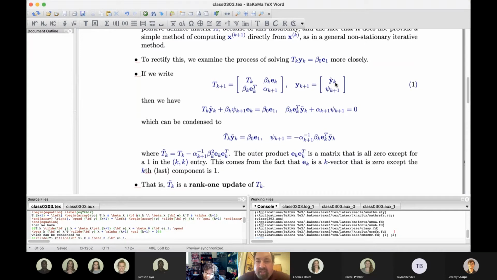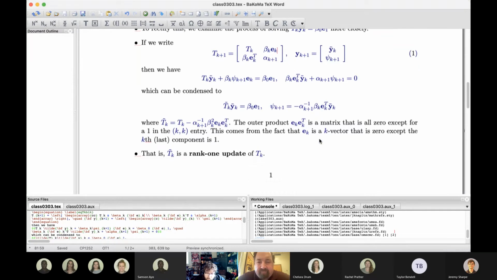It's some other vector yk tilde. Why? Because of this being non-zero. So that is what makes Lanczos less efficient. It cannot build on a previous iterate like we want to.